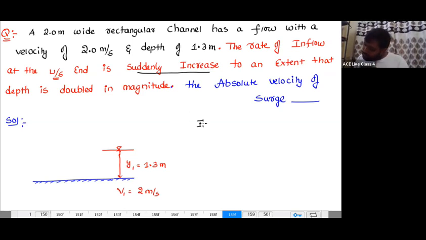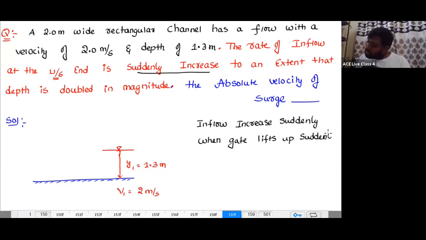So inflow increases suddenly when the gate lifts up suddenly.